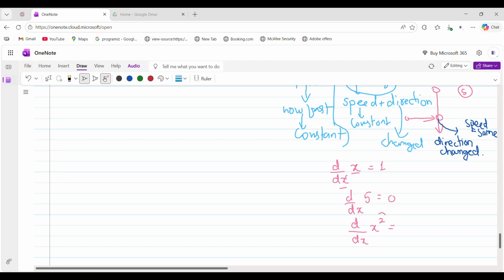Now what would be its answer? Basically whatever the power is, you have to make it the coefficient. So 2 has now become the coefficient, and then you have to find the derivative of this term. The power has become the coefficient, and then you have to make it base power minus 1.